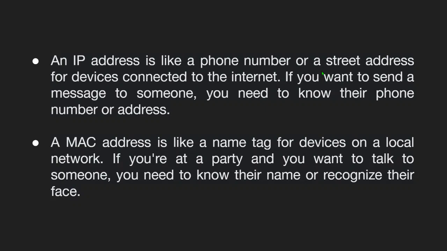A MAC address is like a name or a tag for a device on a local network. Say, for example, if you're at a party and you want to talk to someone, you need to know their name to recognize their face. So that's the difference between MAC address and IP address. IP address is like a street address, and MAC address is like your home address. So that's the difference between these two addresses.